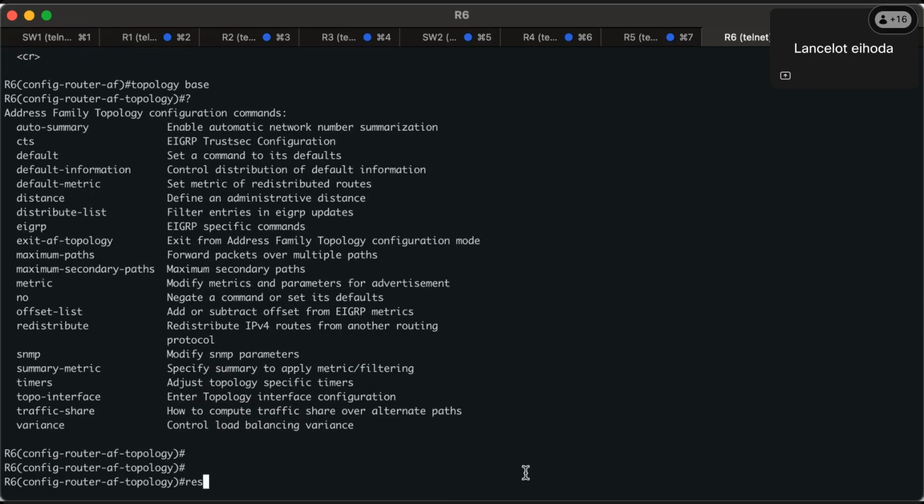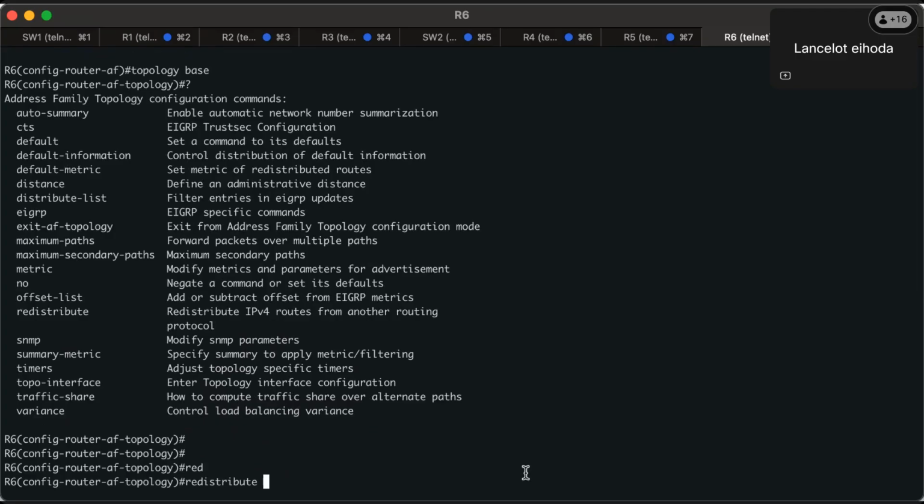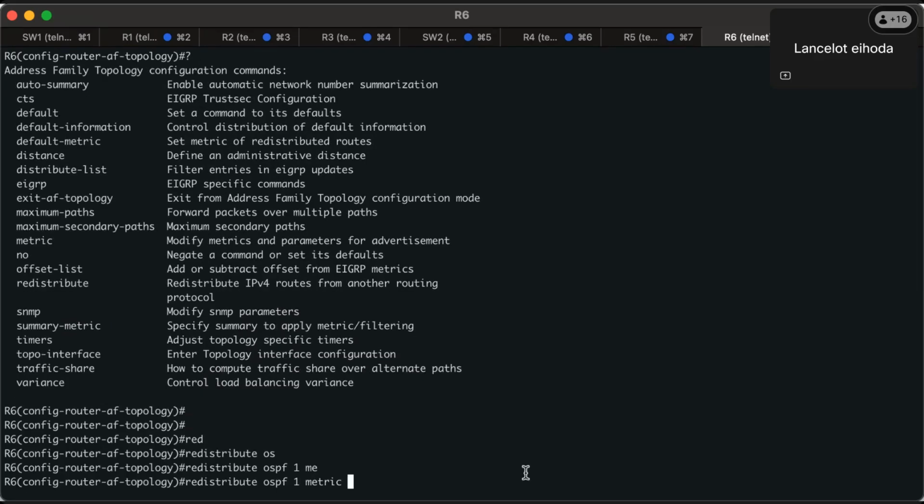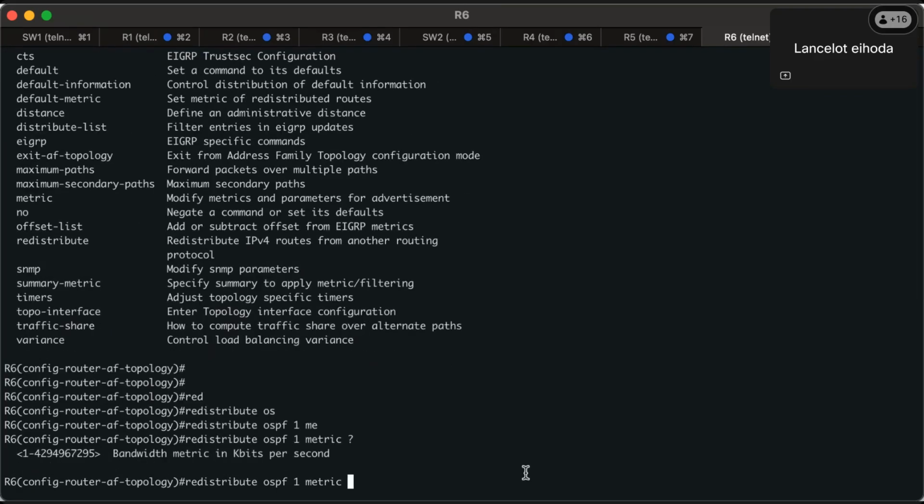So let me redistribute OSPF 1 into EIGRP. And then I have to give it a metric so that it will be able to advertise it properly into EIGRP. So I'll give it a bandwidth.